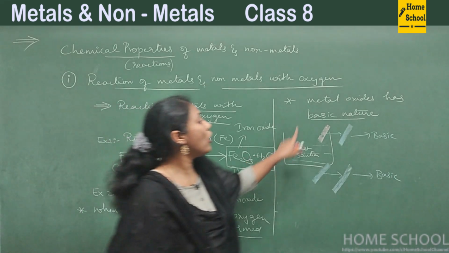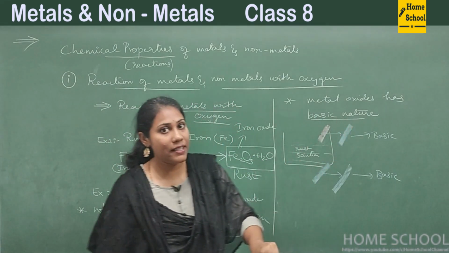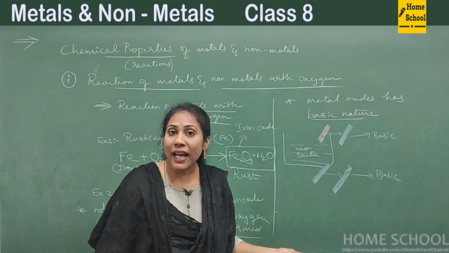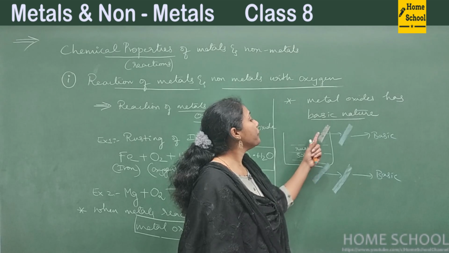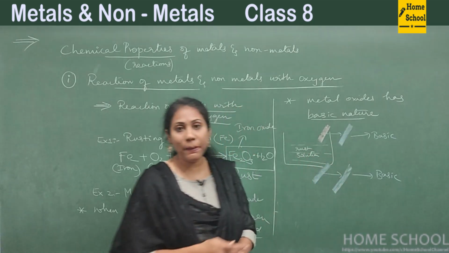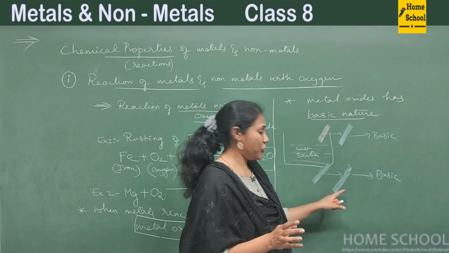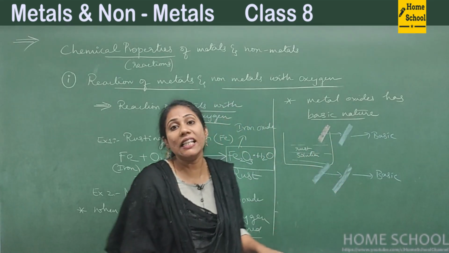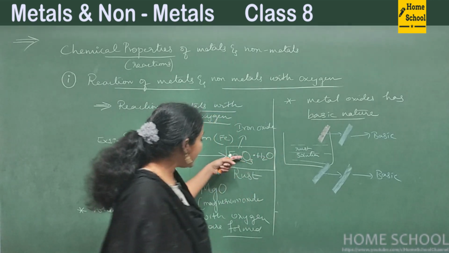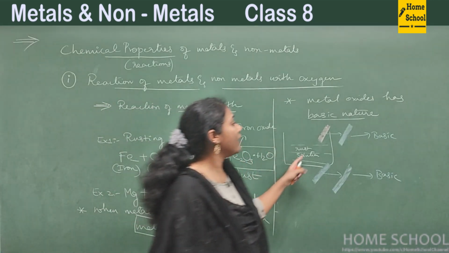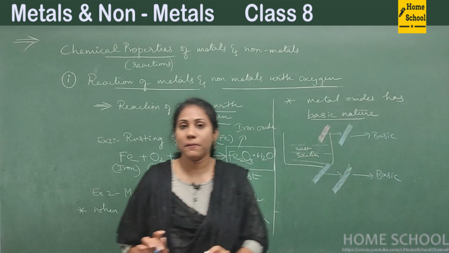And these metal oxides behave as bases. They have basic character. And how do you prove that? You can prove that with the help of litmus papers. The litmus paper color change is telling us that these metal oxide solutions are behaving as bases.